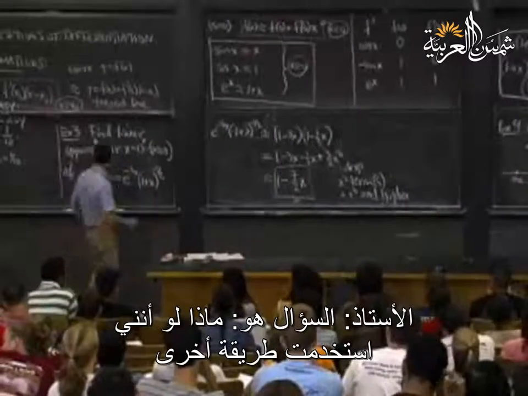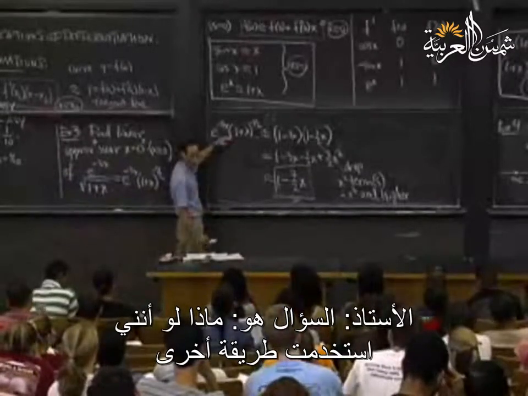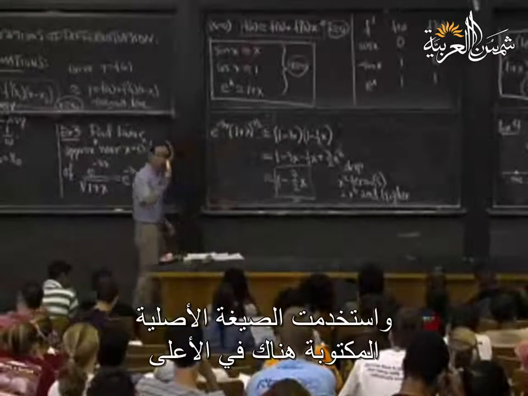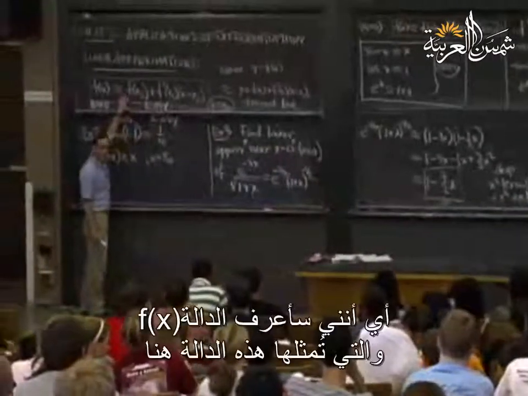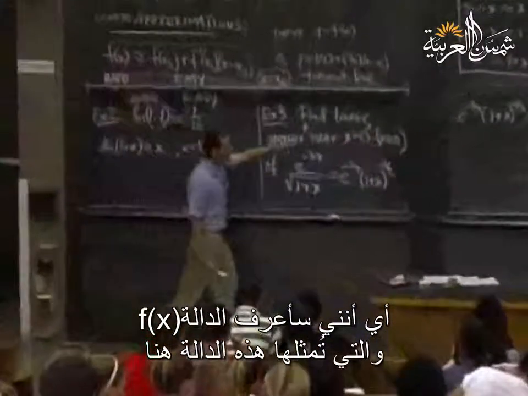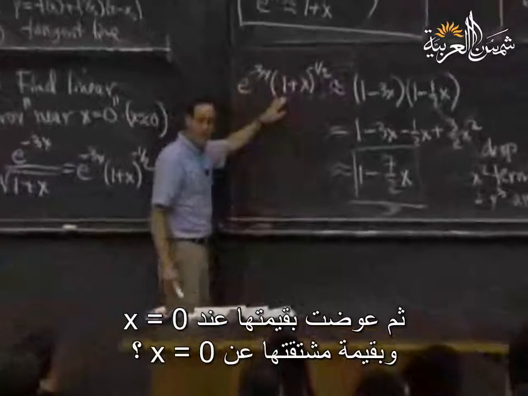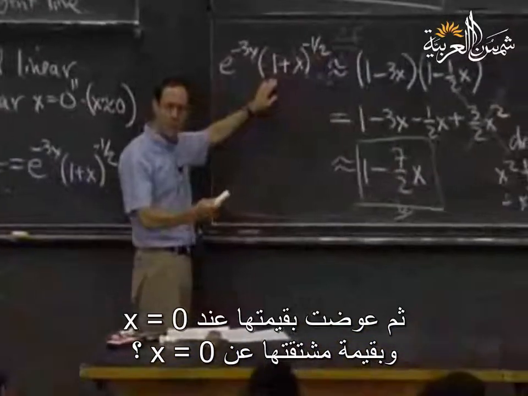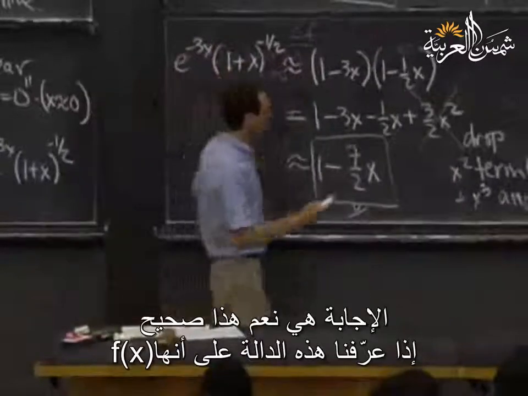Okay, so the question was, suppose I did this by a different method. Suppose I applied the original formula here. Namely, I defined a function f of x, which was this function here, and then I plugged in its value at x equals 0 and the value of its derivative at x equals 0. So the answer is yes.